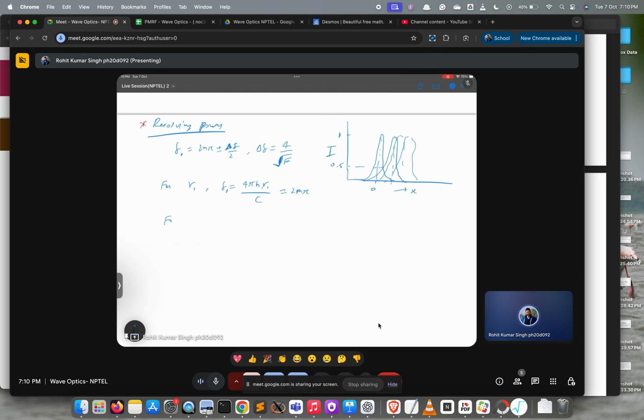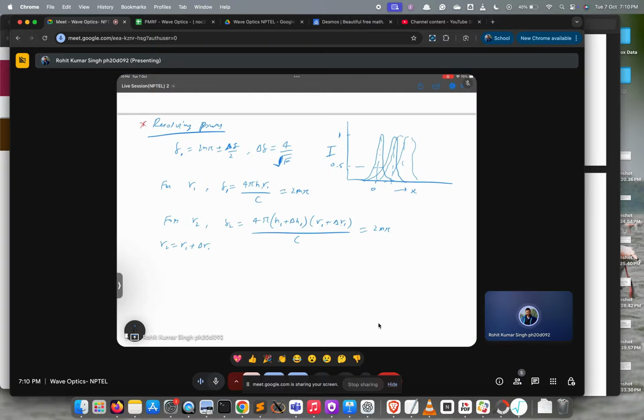Let's call it delta 1, and for the second one we have delta 2, 4 pi, and for h, because we increase the distance by delta h and increase the frequency by delta mu 1, this should also be equal to 2m pi. So mu 2 is basically mu 1 plus delta mu 1.